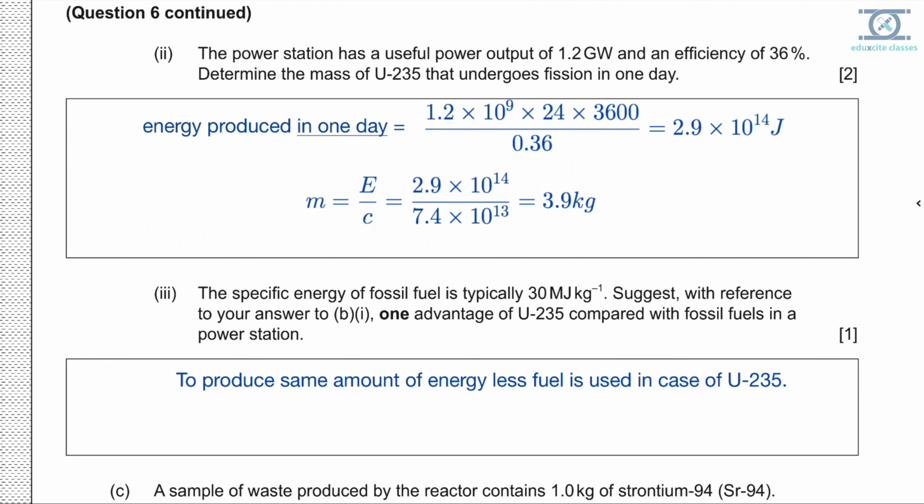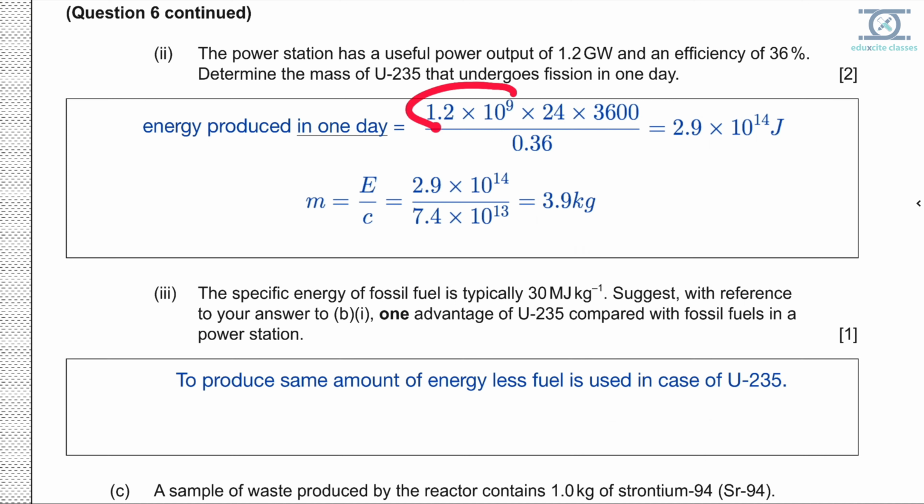Now the power station has a power output of 1.2 gigawatt and efficiency of 36%. Determine the mass of uranium-235 that undergoes fission in 1 day. So energy produced in 1 day: this is the amount of useful output power, and the efficiency is 36%.